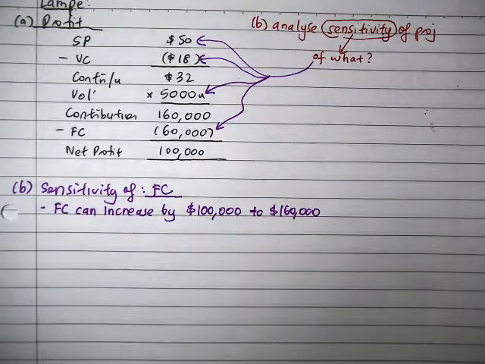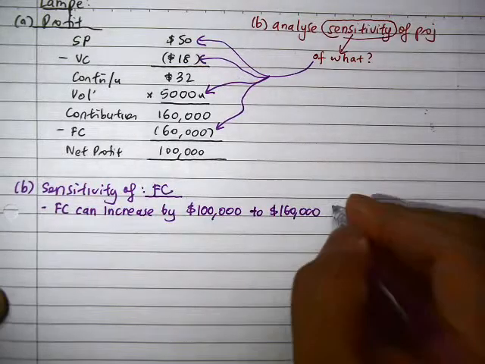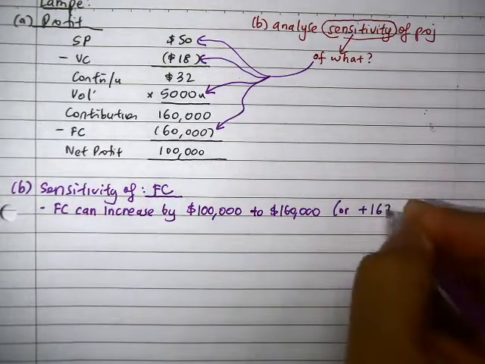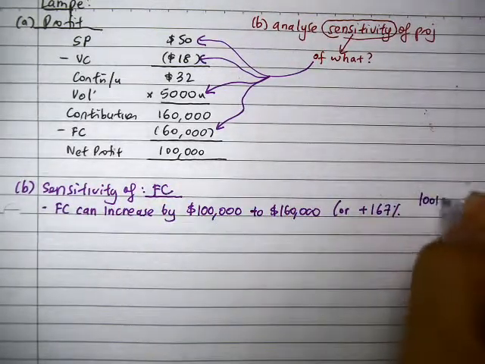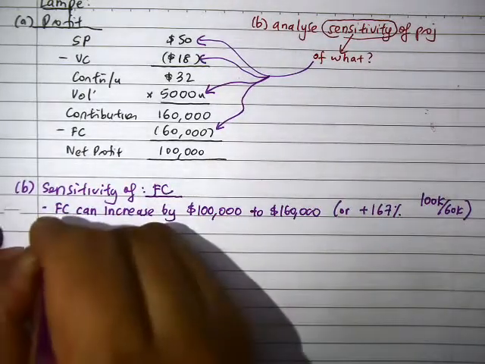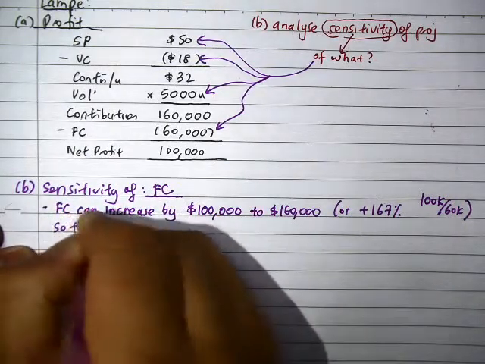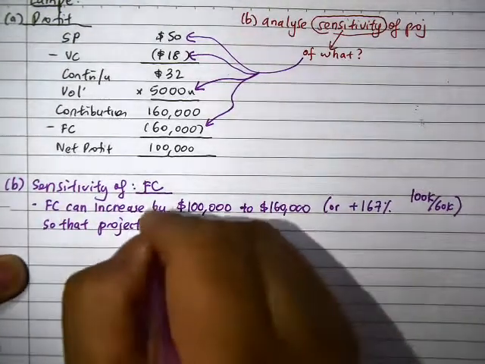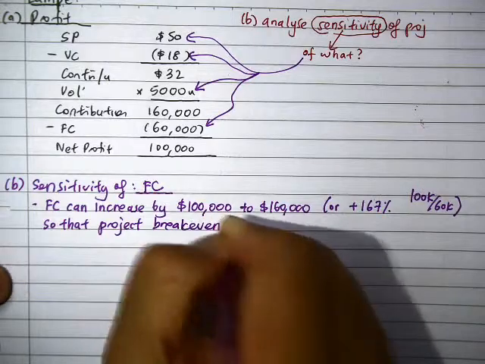So you can increase it by 100 to 160, or increase by how many percent? 167%, so that the project breaks even.